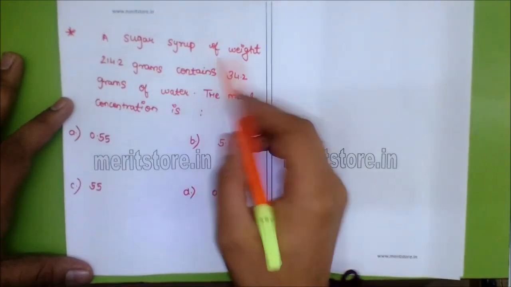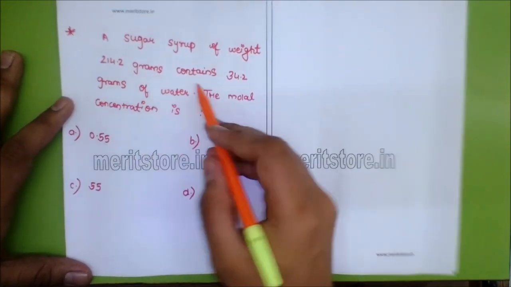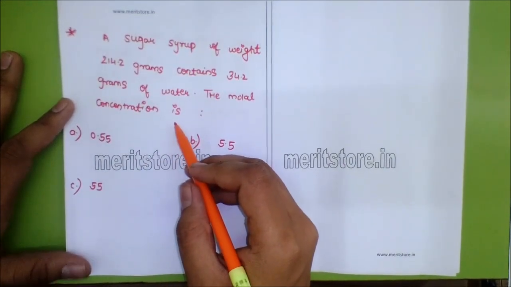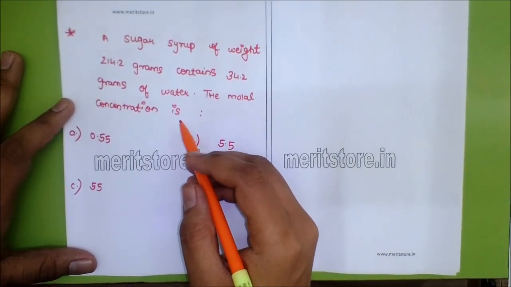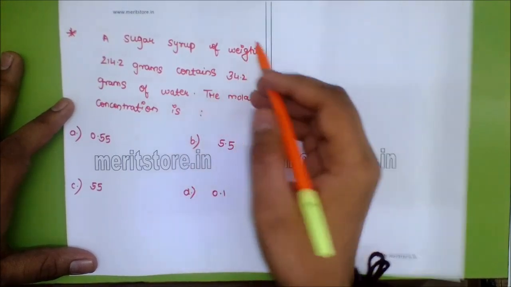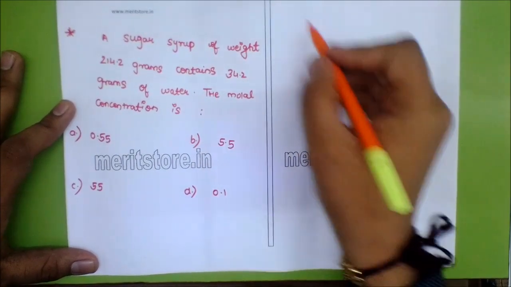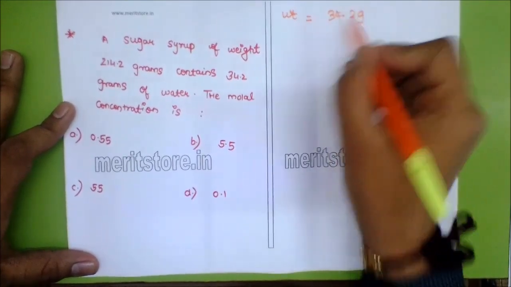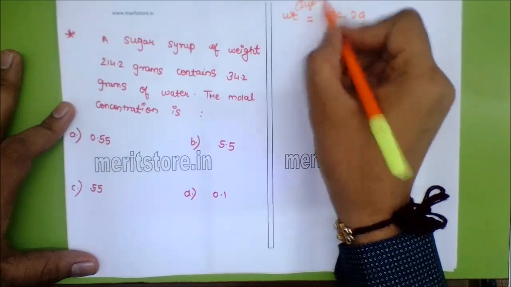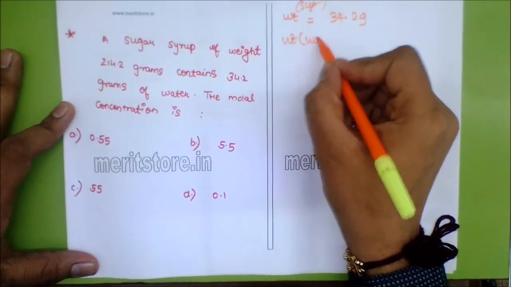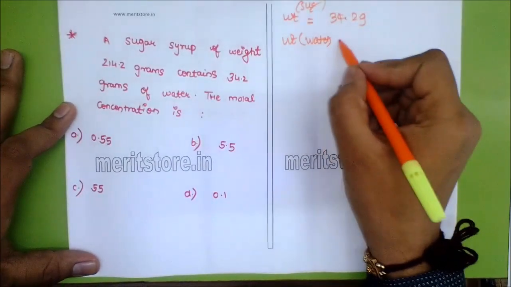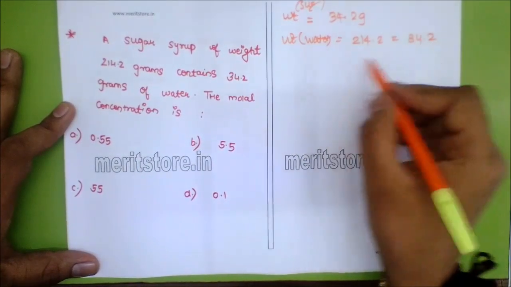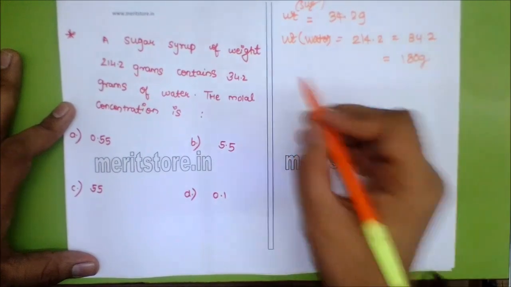A sugar syrup of weight 214.2 gram contains 34.2 gram of water. The molar concentration is. Now to calculate the molar concentration, we know weight of water is 34.2 gram. Weight of sugar is 214.2 minus 34.2, which is equal to 180 gram.